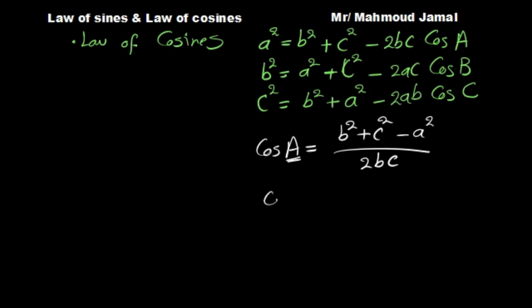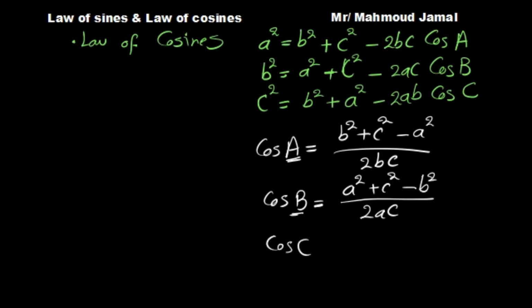And if you want to find cosine B, down it's 2AC, because we have B here, and up, A squared plus C squared minus B squared. And if you want to find cosine C, it has to be 2AB, and A squared plus B squared minus C squared. This is the law of cosines.